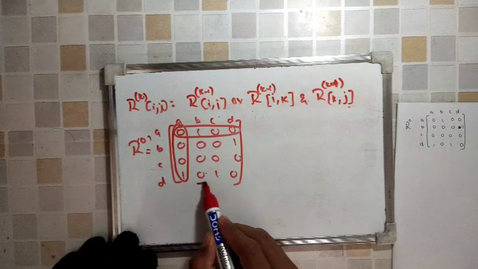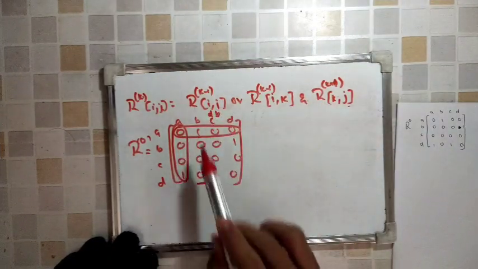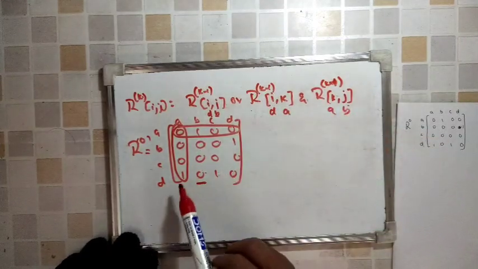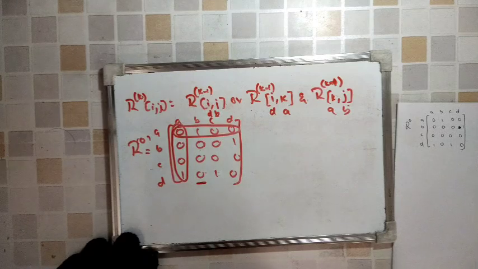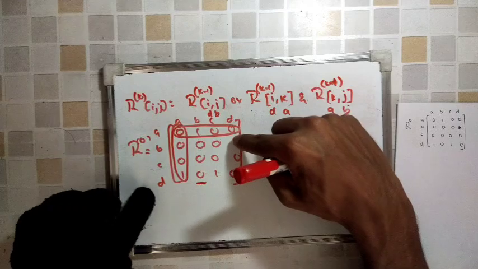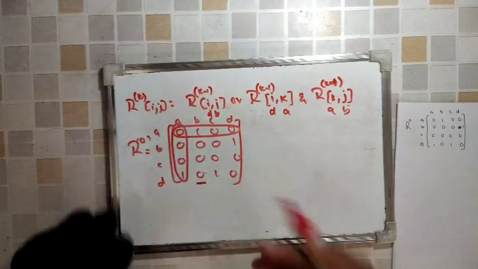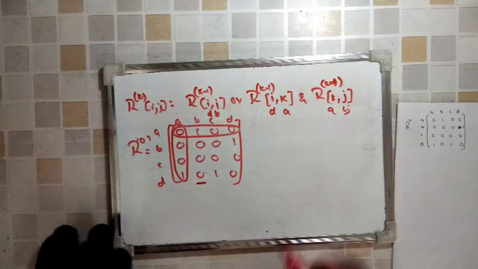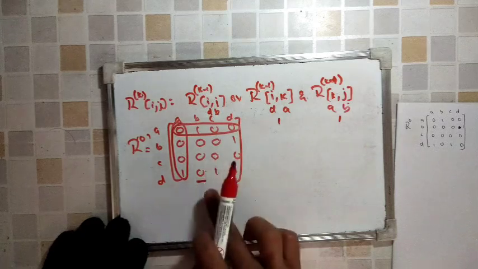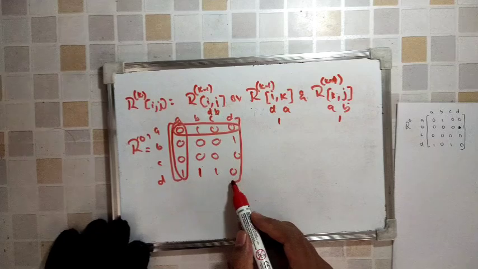Let us try to find for this, that is nothing but D to B. From D to B, it will be D to A and A to B. Also, you can make it come in a diagonal, in such a way that exactly at that place you will be getting 1 1 1 1. Now D to A is 1 and A to B is also 1, so this will become 1.